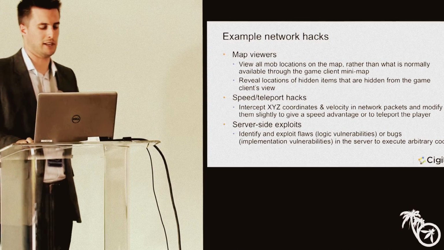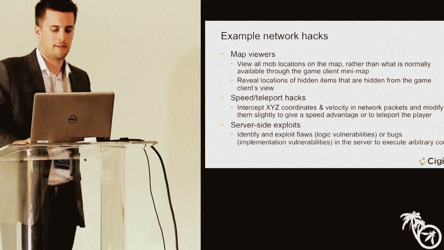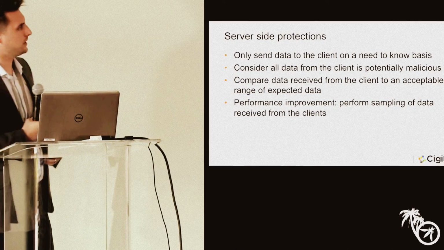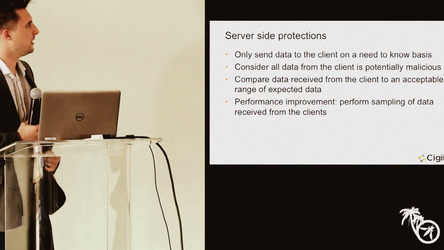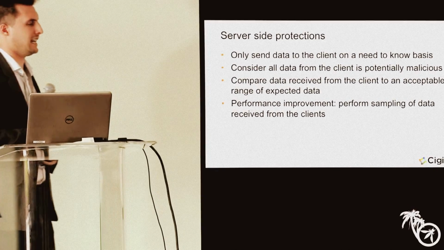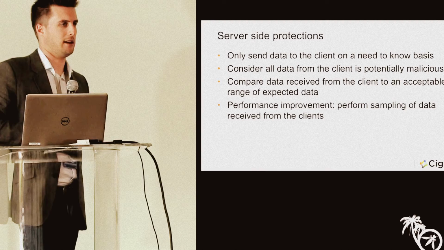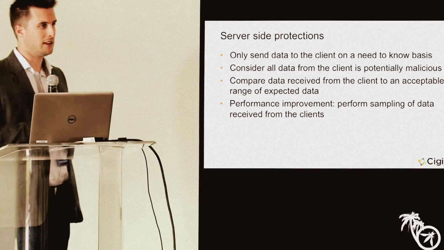So they'll do something like a remote attack, targeting logic vulnerabilities or implementation vulnerabilities, flaws and bugs. So there are server-side protections you can use to combat some of these things. One is only sending data that the client needs to know. This has happened as well with map information sometimes.